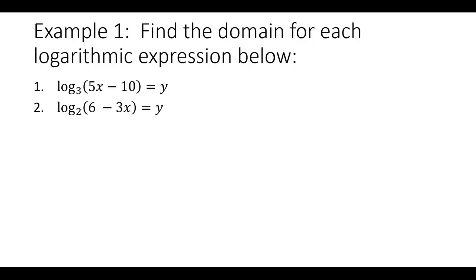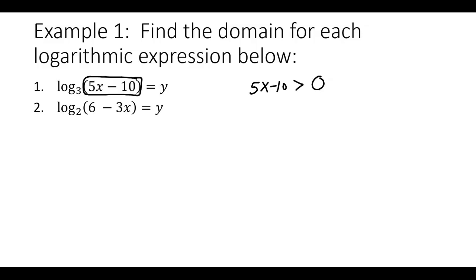Okay, so let's go ahead and take a look at some examples to help this make sense. Example 1 asks us to find the domain for this logarithmic expression. So this piece right here is like my b value. It's called the argument. The argument has to be greater than 0. In other words, it has to be positive, because that's what we're taking the log of. And whenever you have a log, whatever's right there has to be positive.